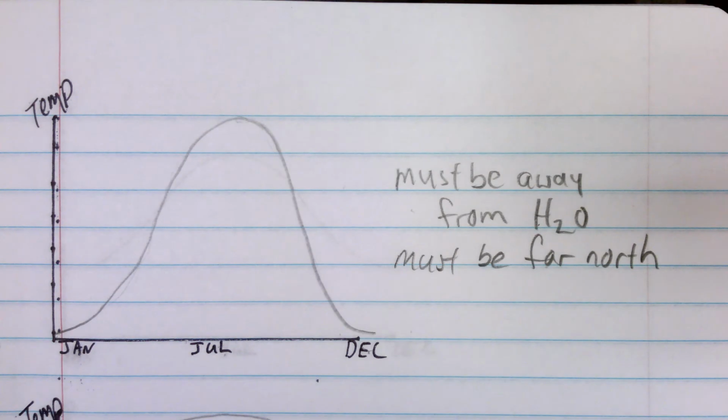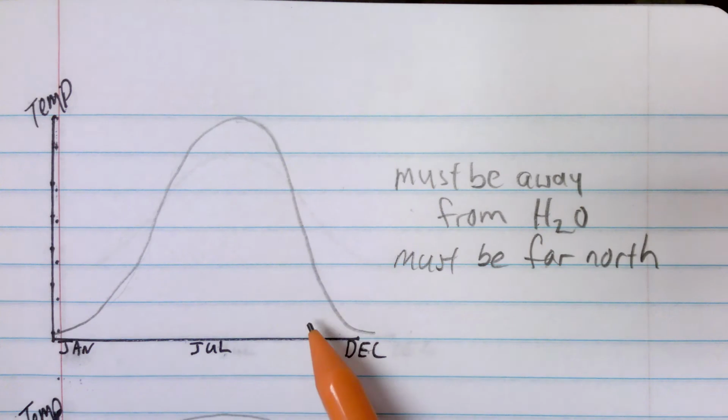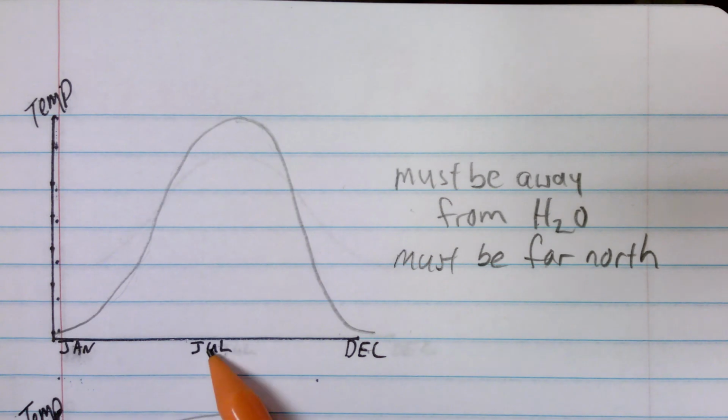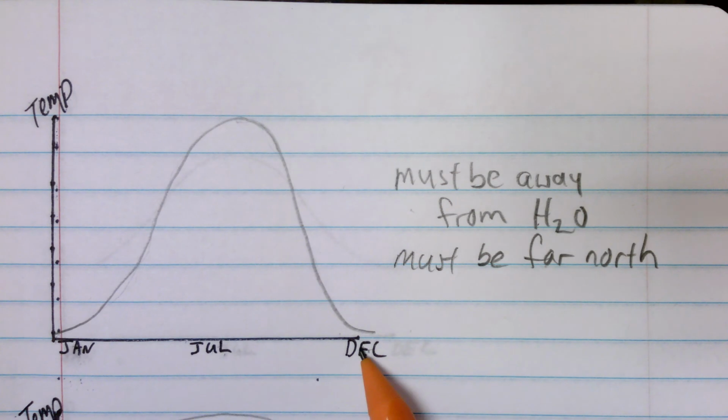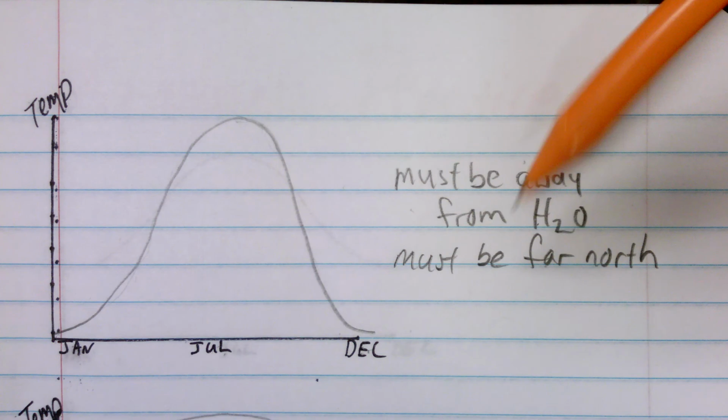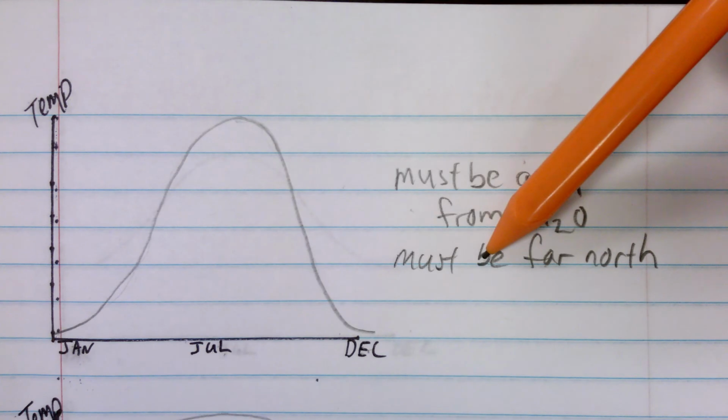Like this couldn't even be Florida because Florida doesn't change that much. It can't even be Georgia because we don't go that dramatic from winter to summer and back again. So the two conclusions we can make from this is it must be someplace really far away from water and it must be really far north.